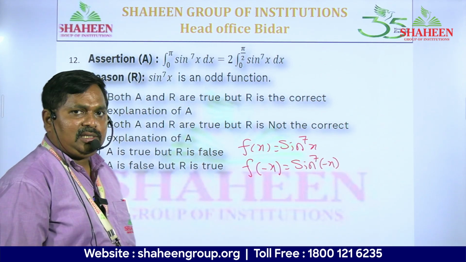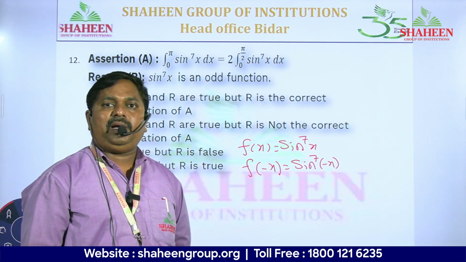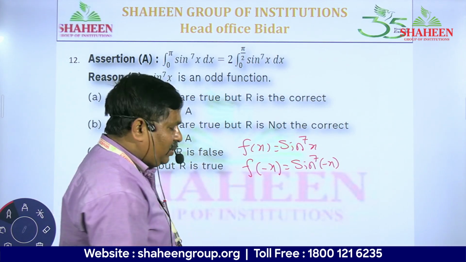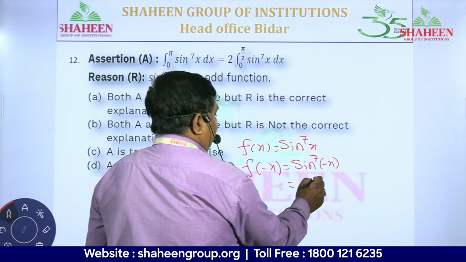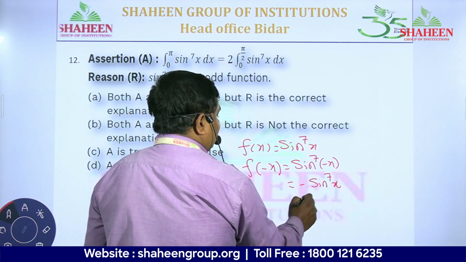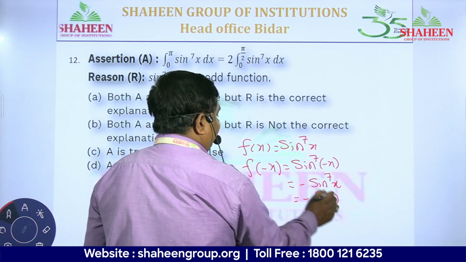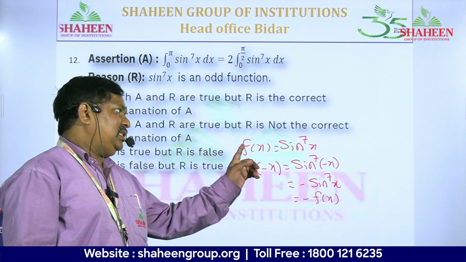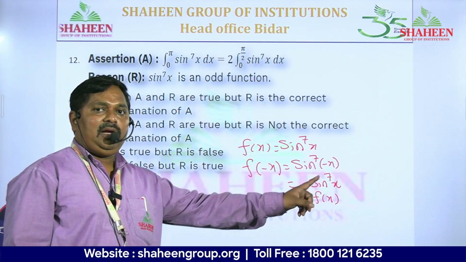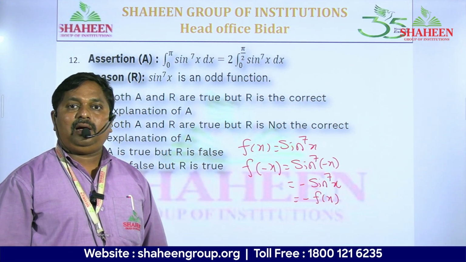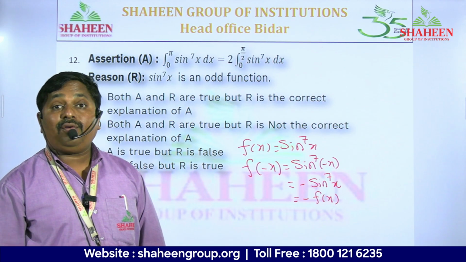We know that sin minus x is minus sin x, and minus power 7 is minus only. This is minus sin power 7x, which is nothing but minus f of x. So f of minus x is minus f of x. What does it mean? It means that f of x is an odd function.